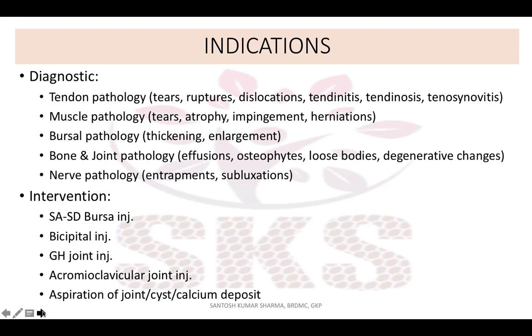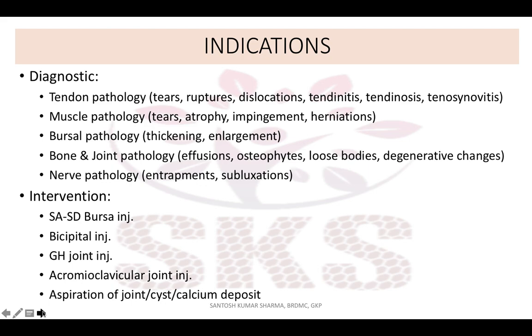Basically, it can be divided into two parts. One is the diagnostic and the other one is the interventional. In diagnostic, most important comprises the tendon and muscles or the rotator cuffs, and it deals with basically the tears, the ruptures, the dislocations, the tendinitis, the tendinosis, and the tenosynovitis.